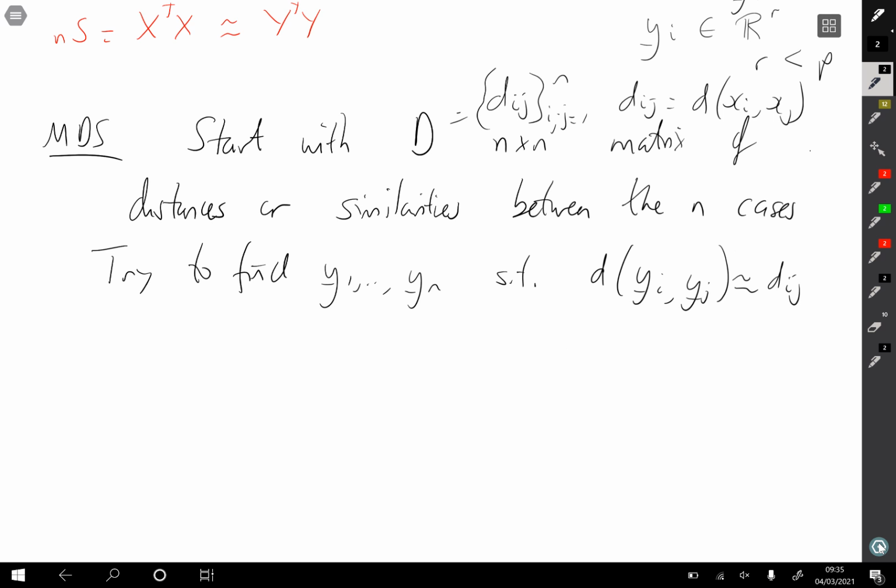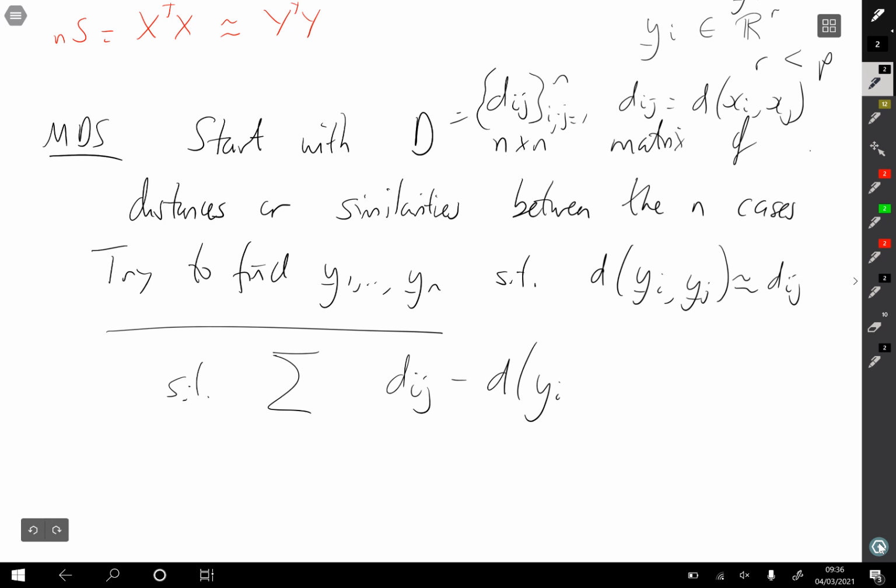Okay, we often write MDS as an optimization problem. We're going to try and find y1 to yn such that the sum of the differences between dij and the distance between yi and yj is small. So let's say to minimize this.